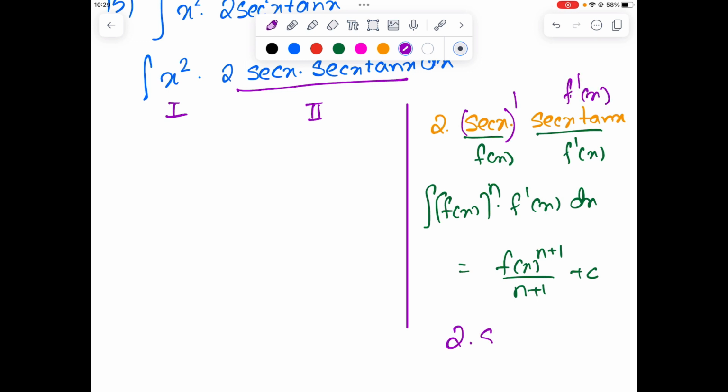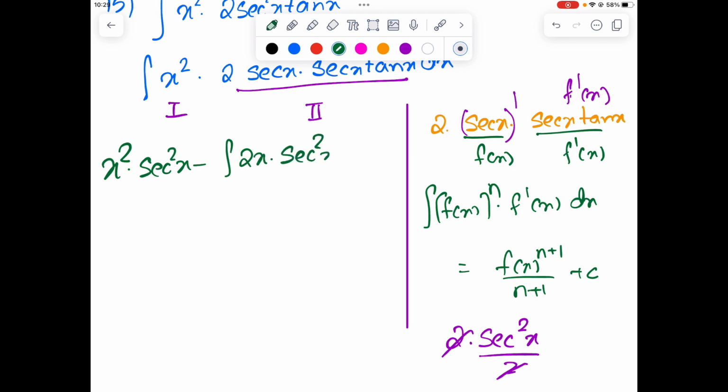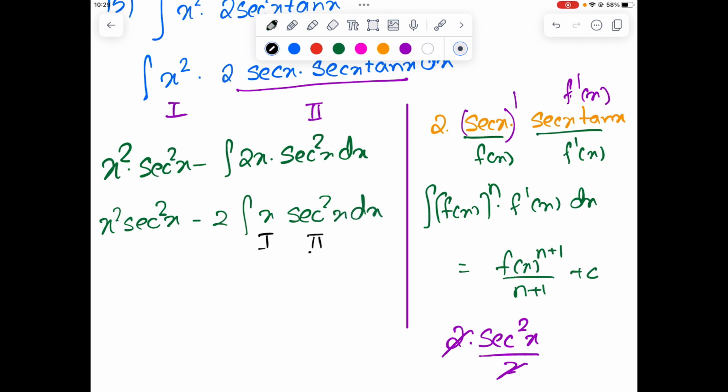So it becomes secant to the power of 1 plus 1 is 2 upon 2. 2 gets cancelled, secant square x. So my first function, integral of second function is secant square x, minus integral of derivative of first function 2x, integral of second function is secant square x dx. So it becomes x square secant square x minus 2 x secant square x dx. This becomes easy. This is first function, second function.